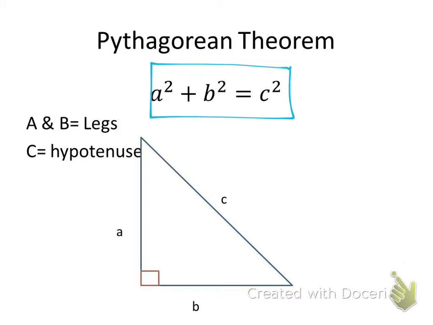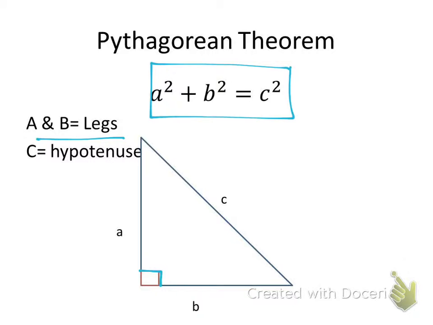All right, we all know that a triangle has three sides. So each of these letters represents a side of a triangle. The A and the B represent what we call the legs of the triangle. The legs are the two sides that are connected by the right angle box. That's how I always know what the legs are.